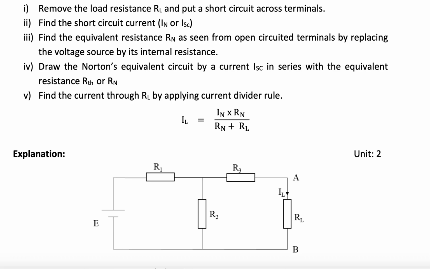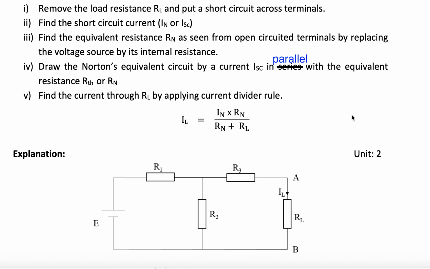Draw the Norton's equivalent circuit with a current source ISC in parallel with the equivalent resistance. This is not series, so we are going to strike it off and write parallel with the equivalent resistance, RTH or Rn.